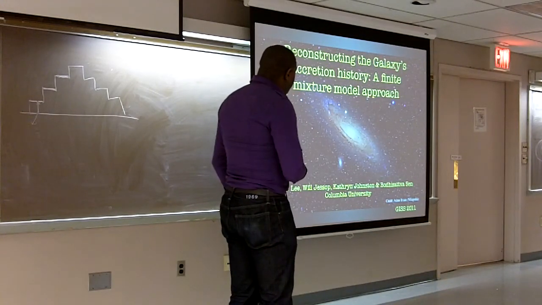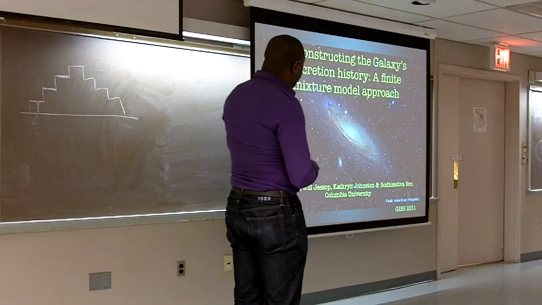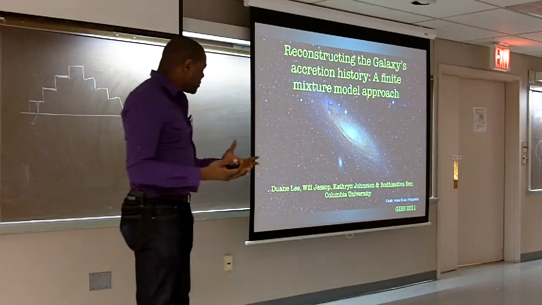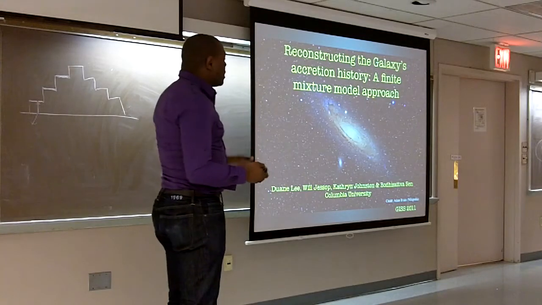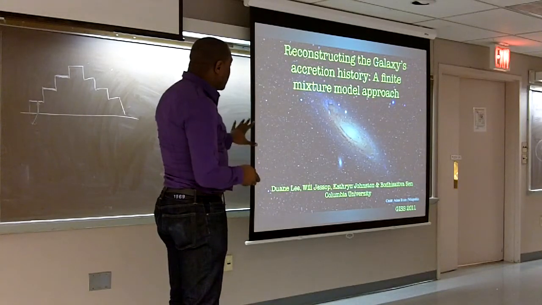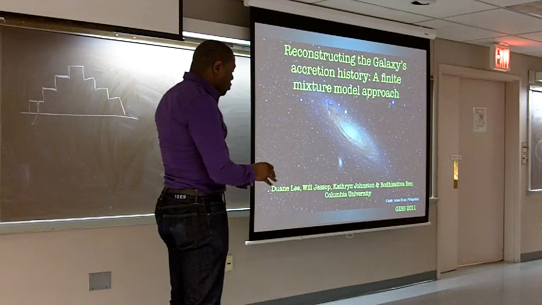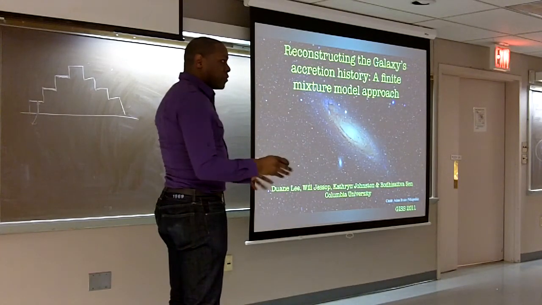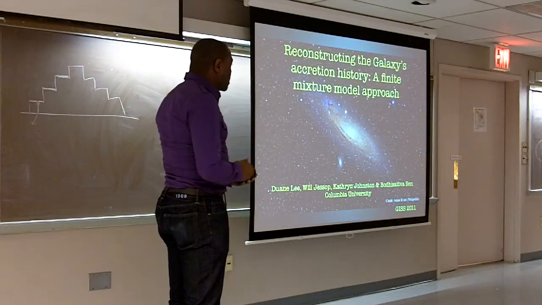What's interesting about that is because there are so few stars in the halo, for a long time in astronomy, there's been a debate over two particular modes of galaxy formation.